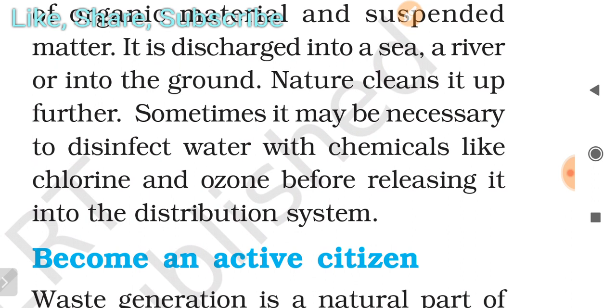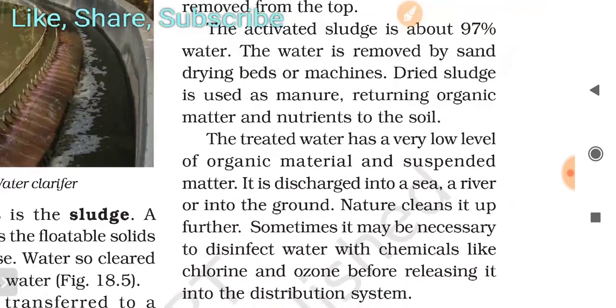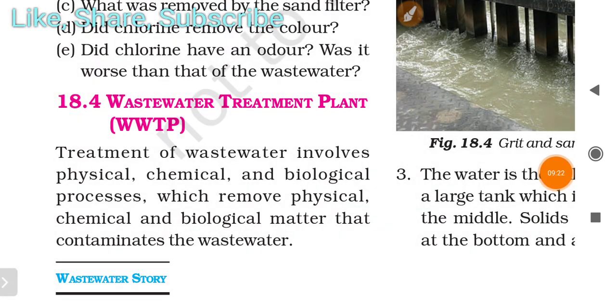After all of these processes, if some microorganisms are still present, chlorine treatment is done, so microorganisms can be removed. So this is what you have to understand about the wastewater treatment plant.